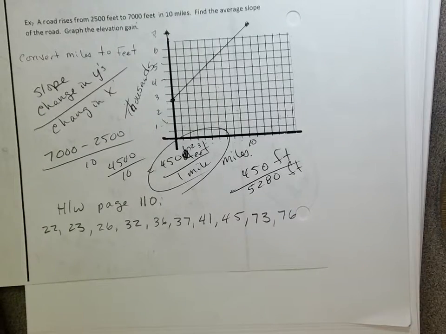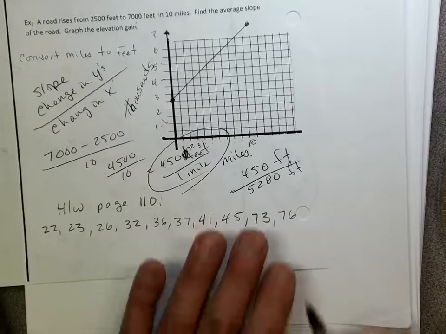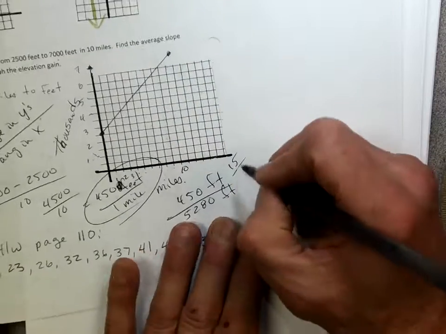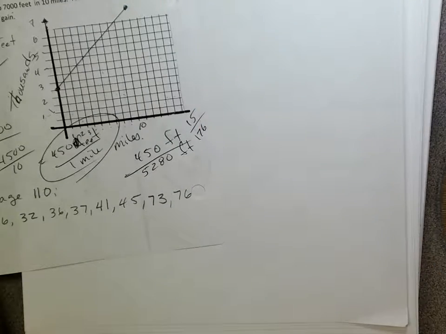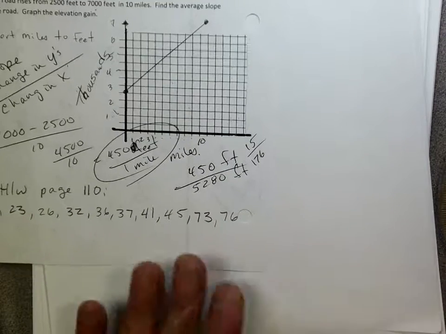And then I can divide that. I don't think I can reduce that. 450 divided by 5,280, fraction. The best to reduce is 15 over 176, or as a decimal, 15 divided by 176, about 0.8, okay? So, easy.